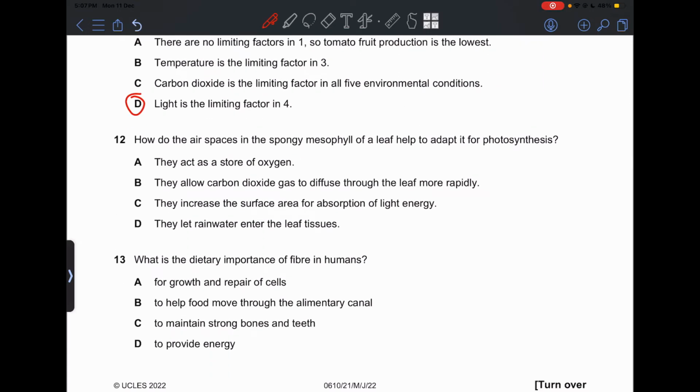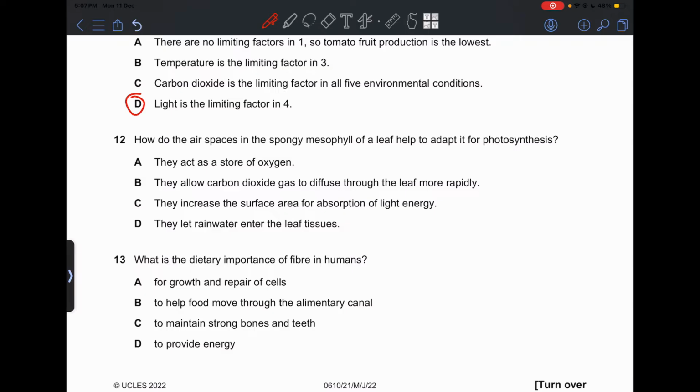12. How do the air spaces in the spongy mesophyll cell of a leaf help to adapt it for photosynthesis? A says they act as a store of oxygen. This is incorrect. B says they allow carbon dioxide gas to diffuse through the leaf more rapidly. Actually, this is a correct statement, and this is the function of the air spaces in the spongy mesophyll cell.